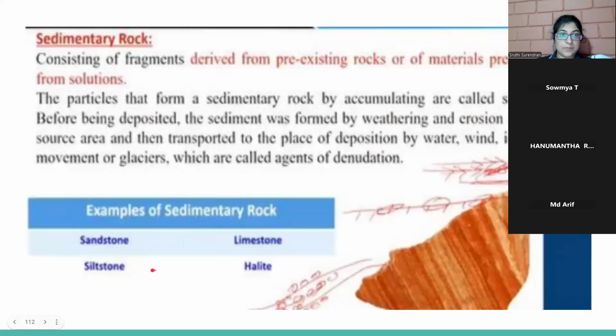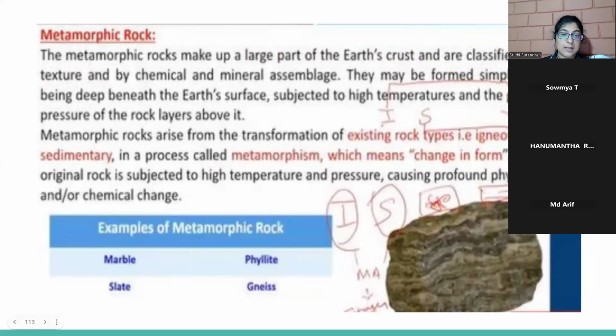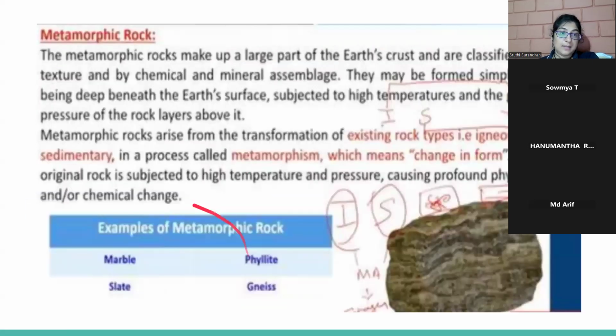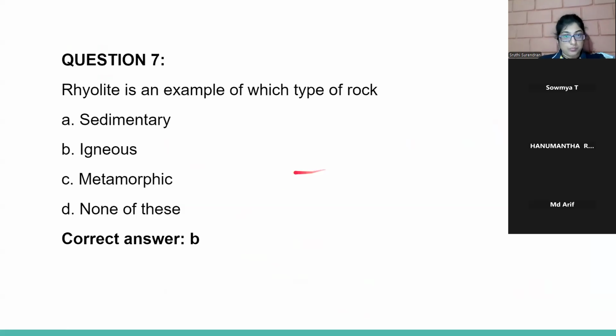Sedimentary: sandstone, limestone, siltstone, and halite. And metamorphic: marble, slate, pyrite, and gneiss. So the correct answer is option B. Sedimentary is sandstone, limestone, siltstone, and halite. And metamorphic is marble, slate, pyrite, and gneiss. So do learn the examples as well.